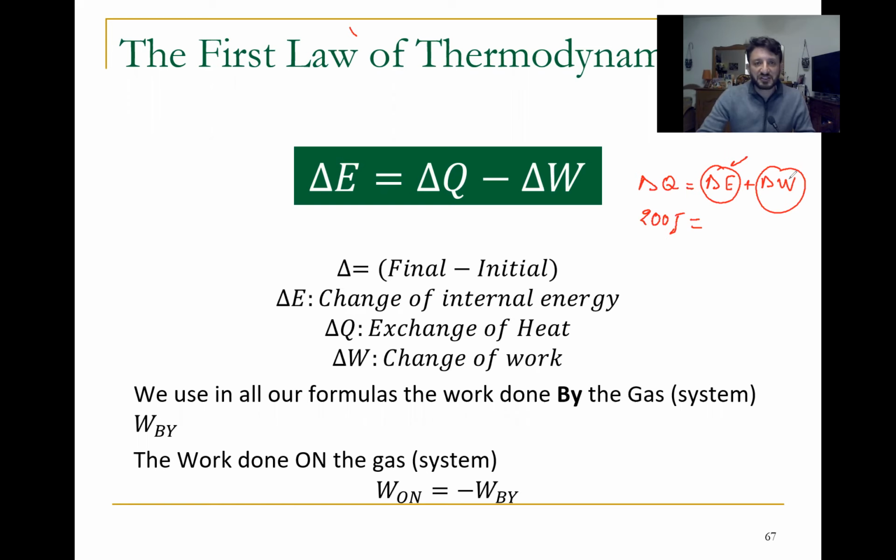If we don't have a change of volume, d omega equals 0, in this case this quantity is converted directly to internal energy. Okay? If delta E equals 0, in this case delta Q equals delta omega. The quantity of energy added to the system is converted to some quantity of work. So it depends on the relation, but in general, you have to know delta E equals delta Q minus d omega. Okay.